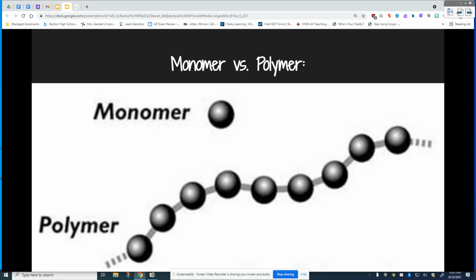Here's a picture of your monomer. Here's a picture of your polymer. What process was used to take these monomers to build this polymer? Dehydration synthesis. Do you agree with that statement? We took a bunch of monomers and put them together. On this picture, from one end to the other, how many molecules of water were made as we formed this?